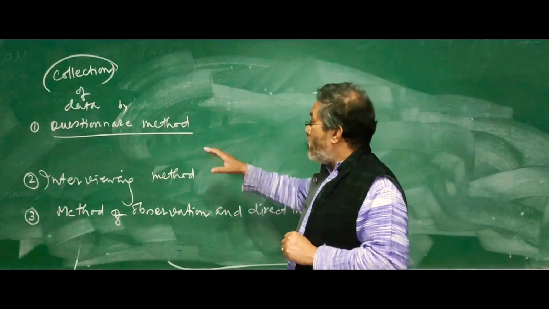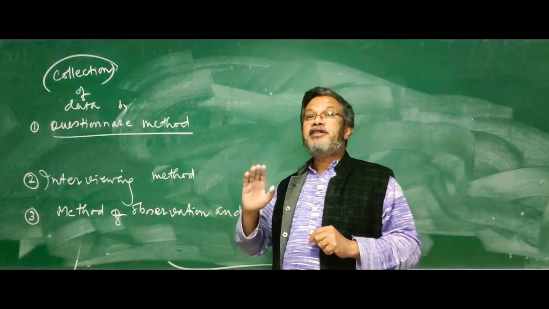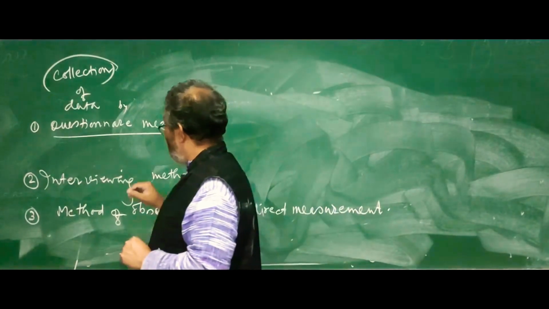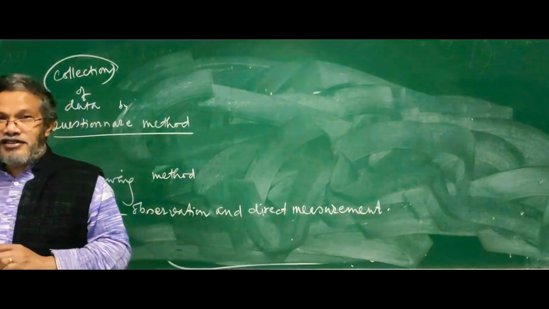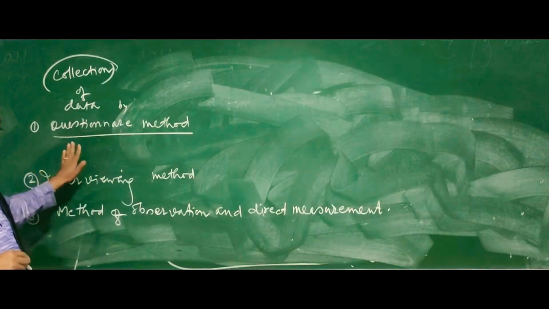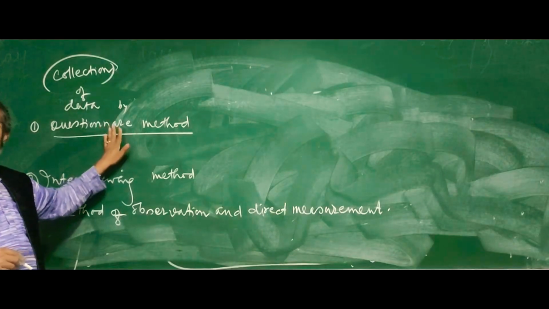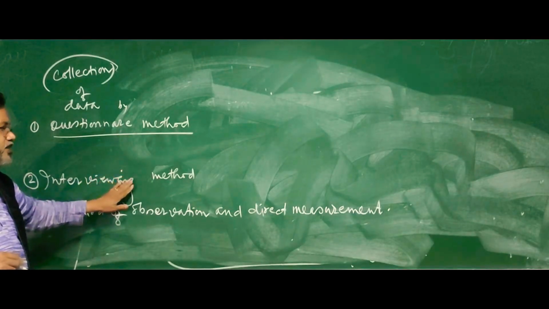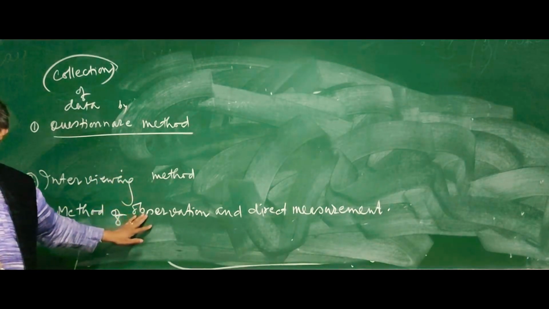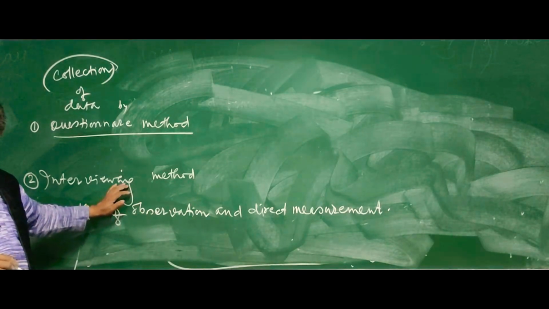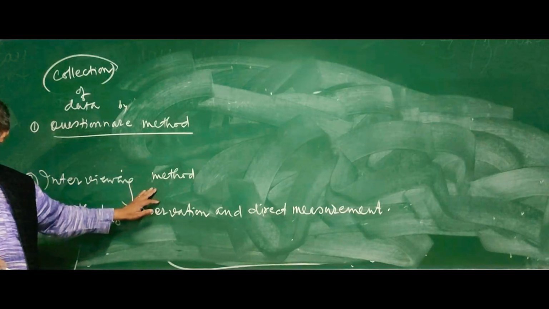Next, for each method there are merits and demerits. I will mention a few. Questionnaire method first. The way I explained it, it indicates that it is less costly. Interviewing is costlier. This is costliest. In case of interviewing, I may not have to go. I can send an agent or employee.